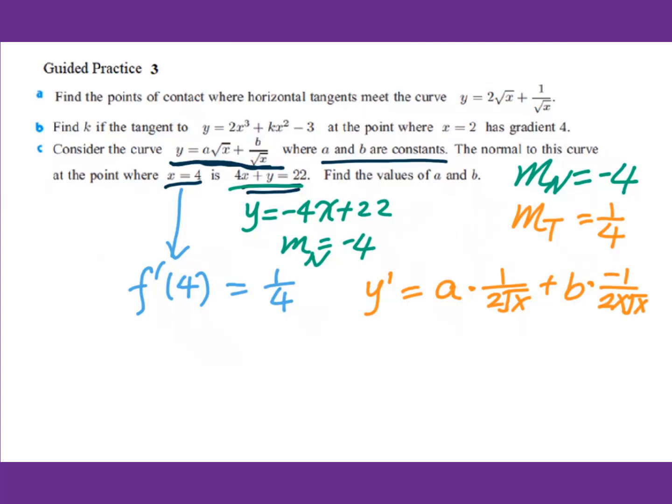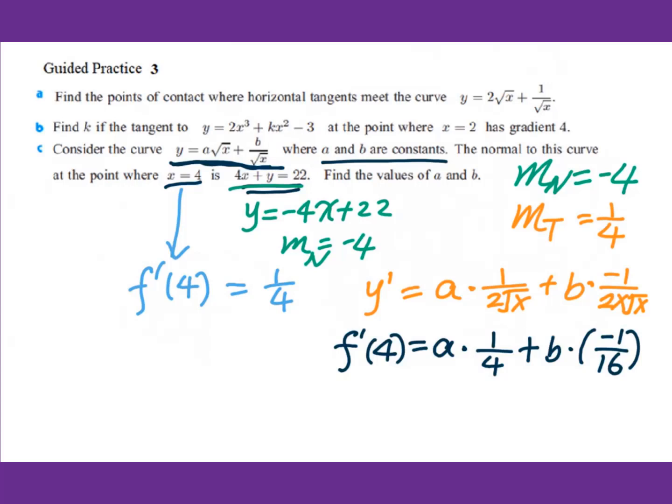Then we plug in 4 to this derivative function. You will get a times 1 over square root of 4 is 2, so it's 4, plus b times, here's negative 1, this will be 8. 8 times 2, it will be 16.